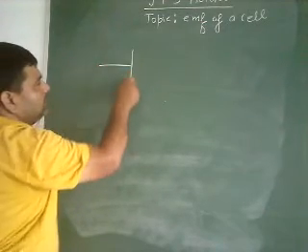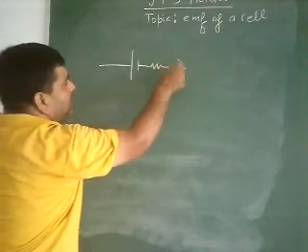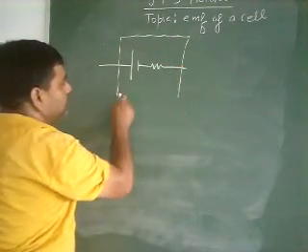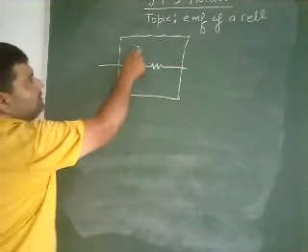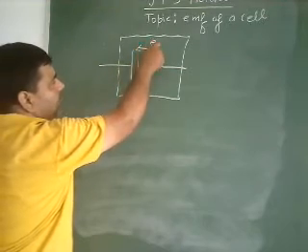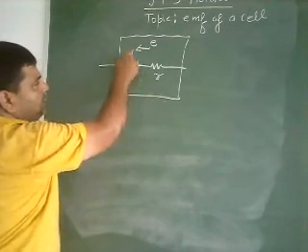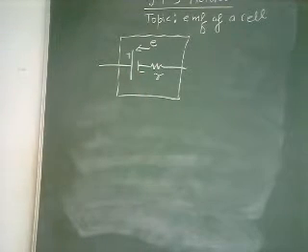First of all, this is the symbol of a practical cell having EMF E and internal resistance r. This is the plus terminal and this is the minus terminal.